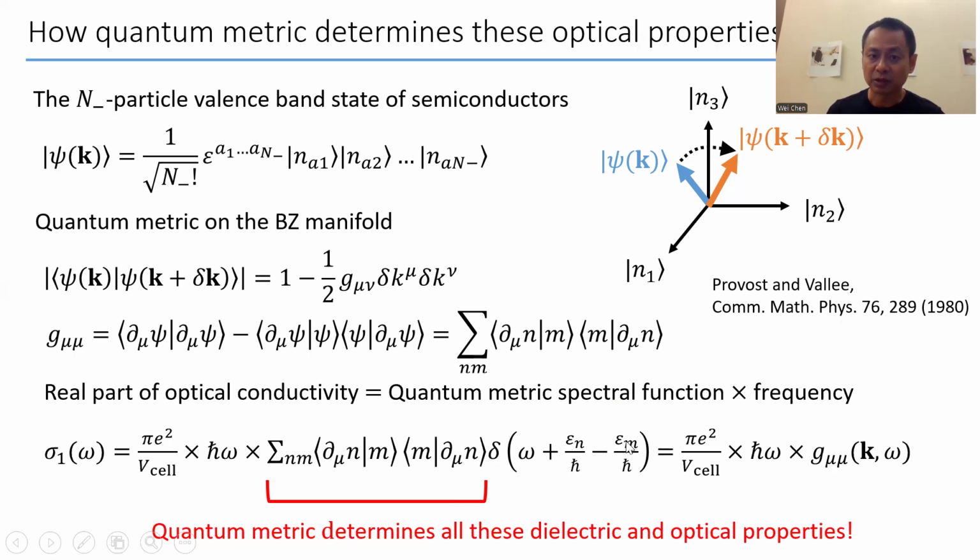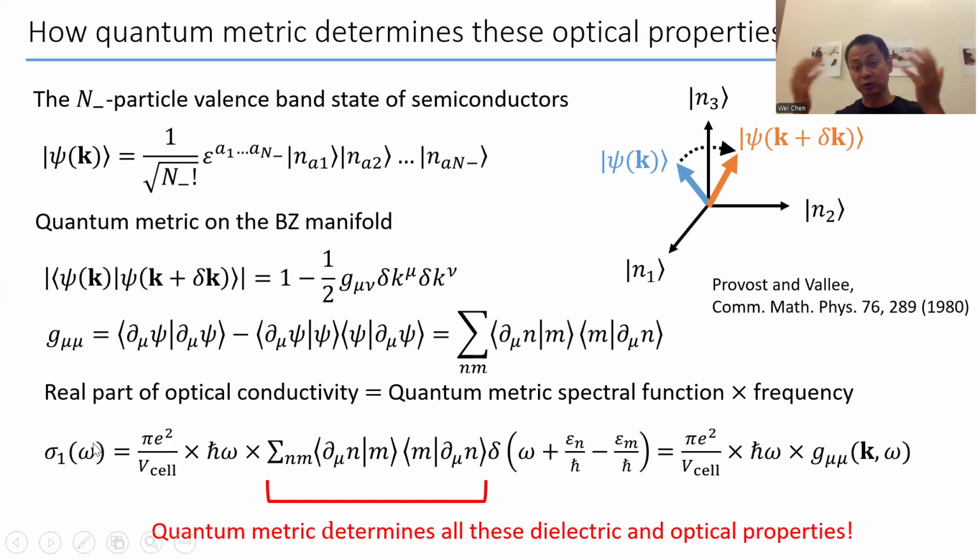And then you have to multiply by a delta function that ensures the energy conservation, that the frequency of the light has to match the band gap between the conduction and valence band. Therefore, we see that the quantum metric actually determines the real part of optical conductivity.